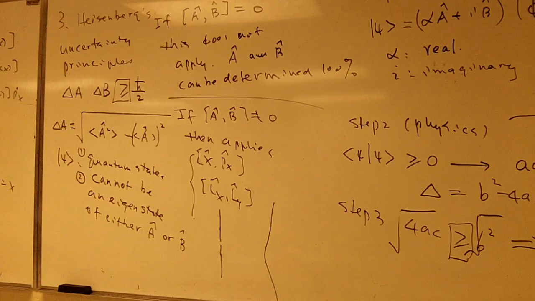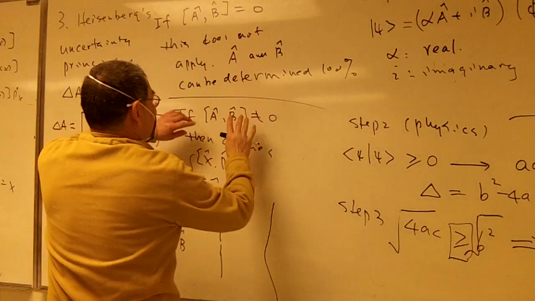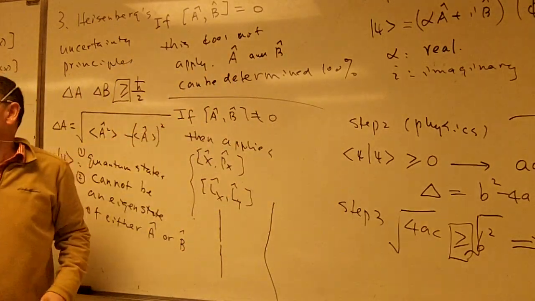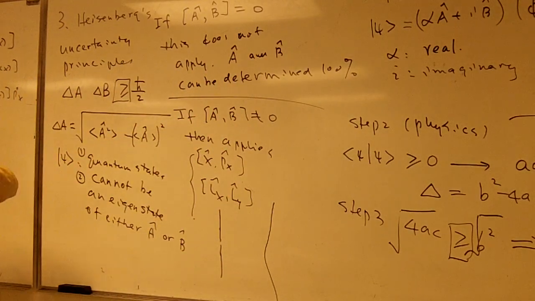Now watch out, folks. If the commutator here equals 0, then the whole thing just falls apart. You cannot do anything with it. So that's why these two must not equal 0, like this. Otherwise, what you learn cannot be used for the uncertainty principle.